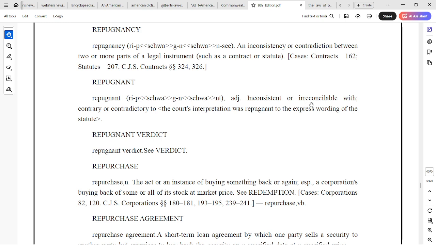Inconsistent or irreconcilable. Irreconcilable with. Contrary or contradictory. The court's interpretation was repugnant to the express wording of the statute. Repugnant: inconsistent, or irreconcilable with.